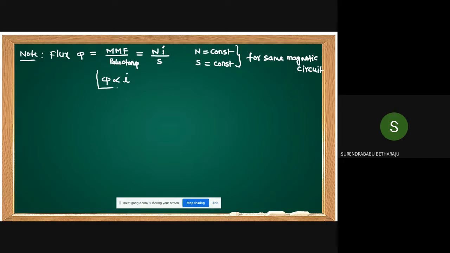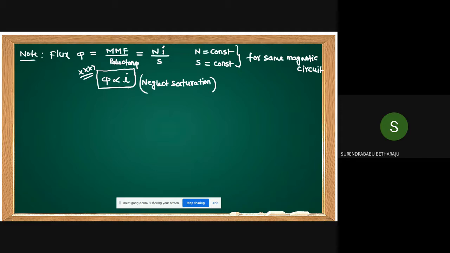That's the reason that if any conductor carries current, flux is produced around it. I'm neglecting the saturation effect. If saturation is neglected, the flux versus current characteristic is linear.